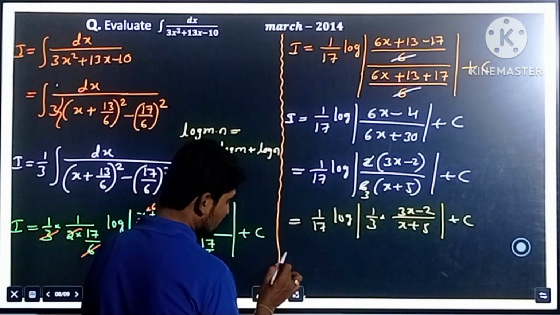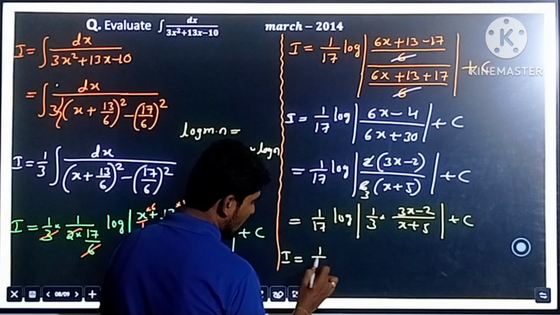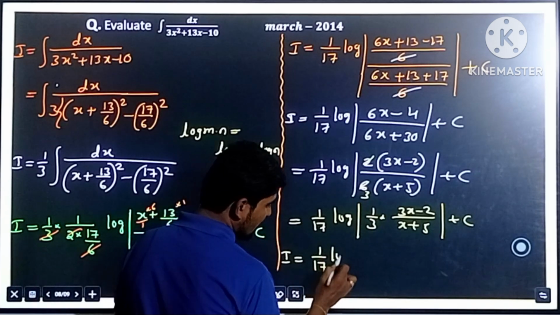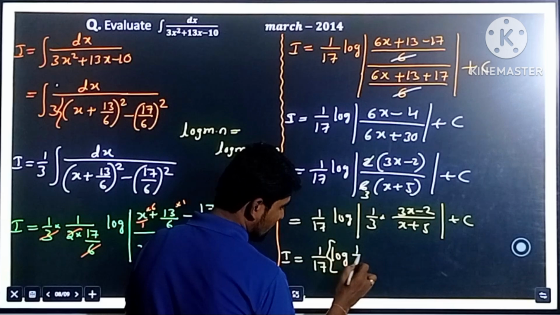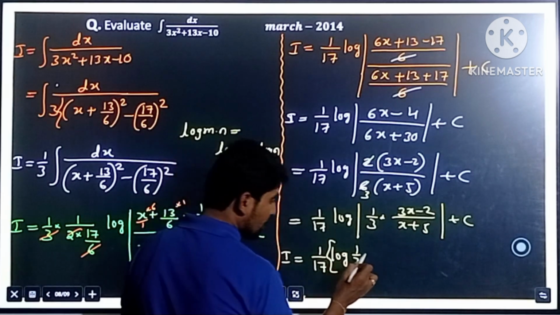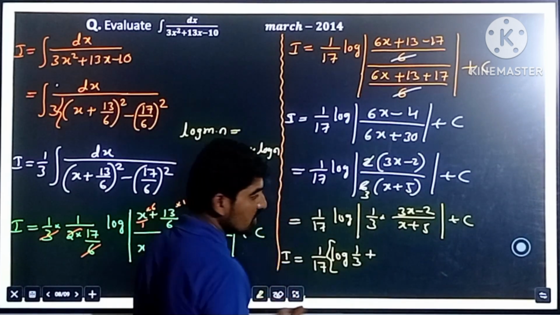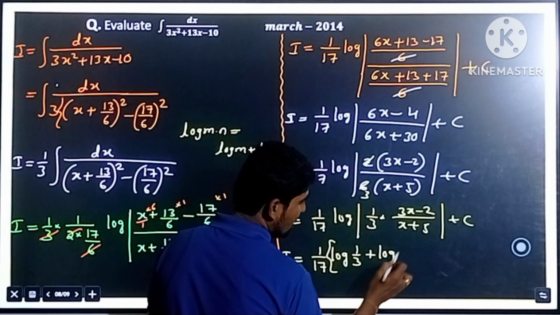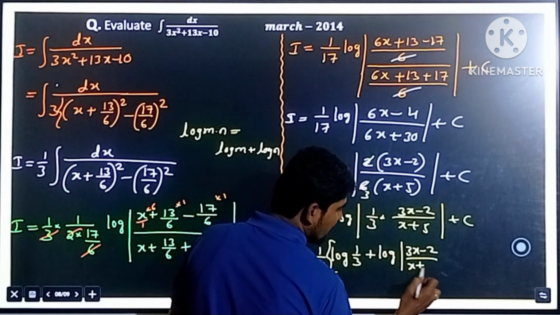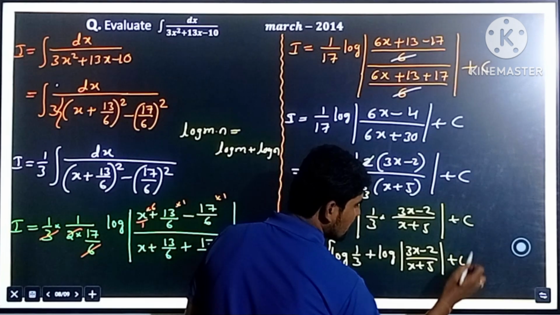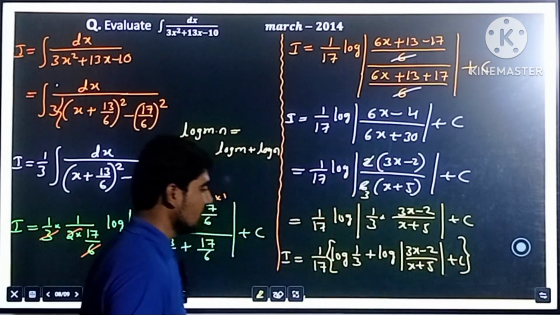So therefore it can be expressed as I is equals to 1 divided by 17 log of 1 by 3 plus log of 3x minus 2 divided by x plus 5 plus c. I hope all of you are understanding.